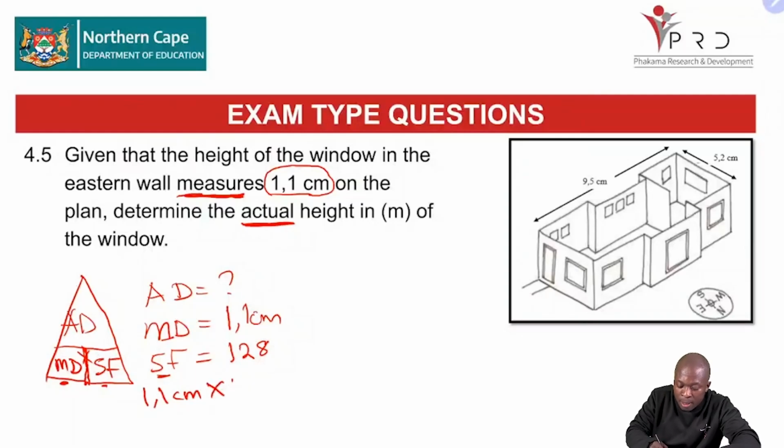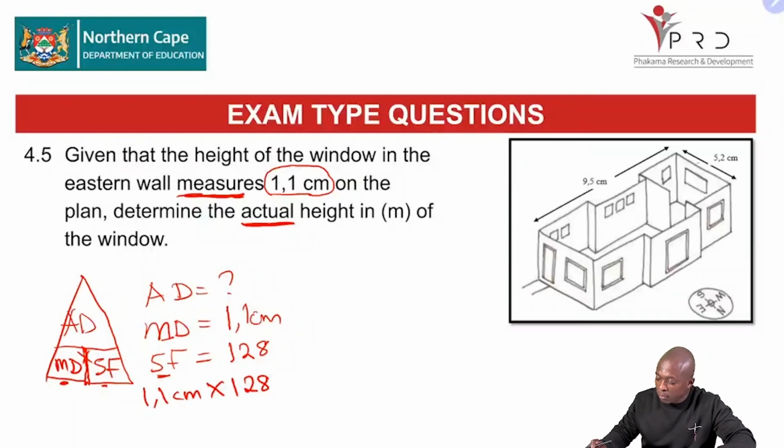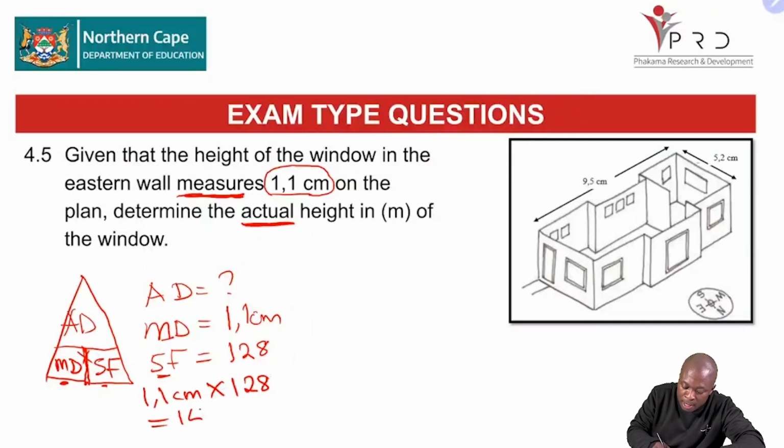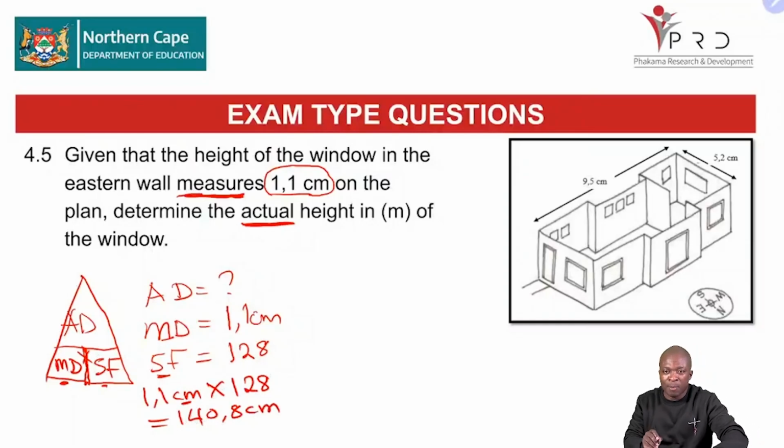You times that by 128. And then what are you going to get? 1.1 times 128. That should give you 140.8. What is the unit? You write the same unit here. You write centimeters.